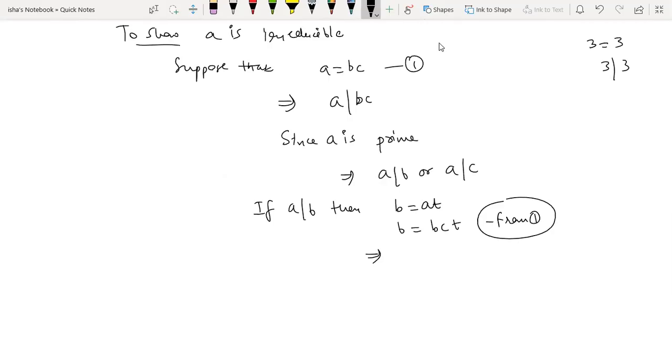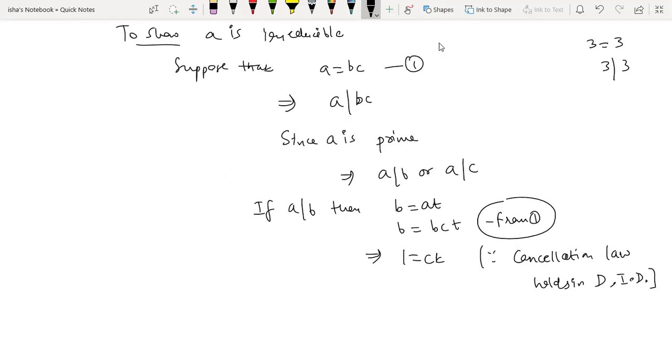So this implies 1 is equal to ct. Why is this coming? Because of cancellation law. I can cancel it here because cancellation law holds in an integral domain. So I can use that property because the given domain is an integral domain. So they got cancelled. I got 1 is equal to c into t.